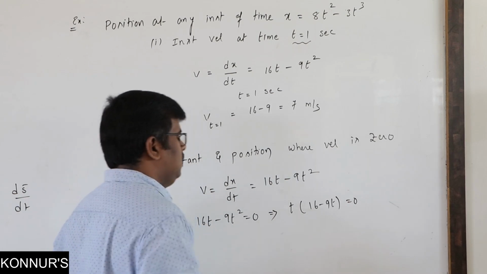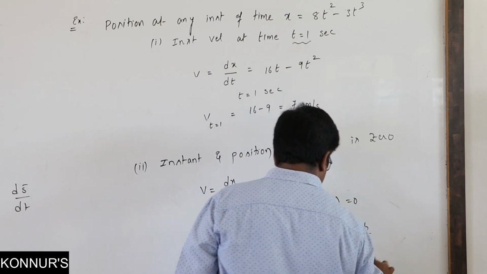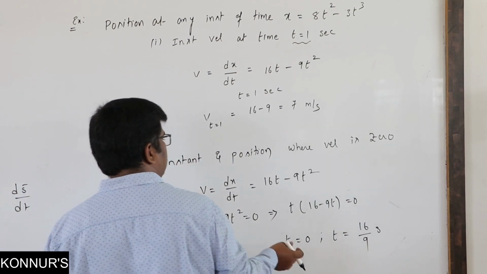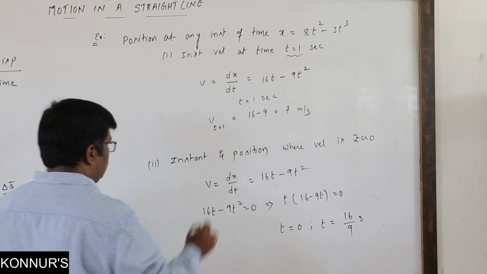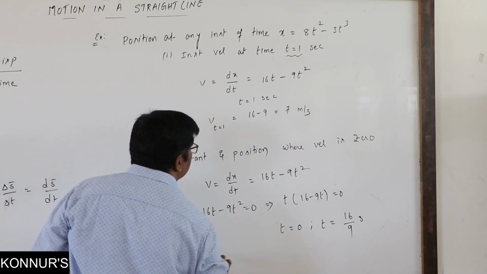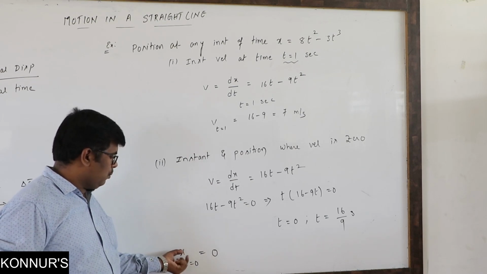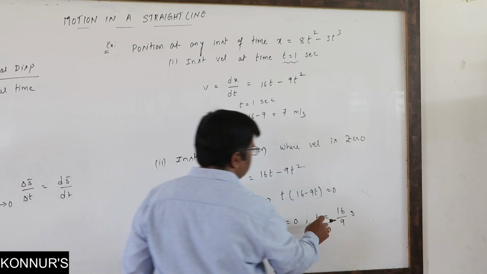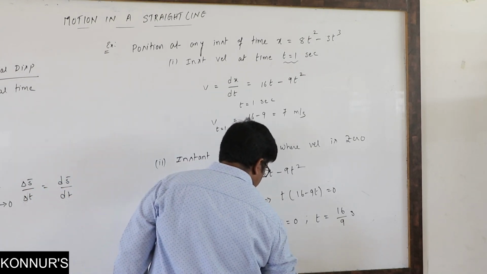So at what time is the velocity 0? At time t equal to 0, or else at time t equal to 16 by 9.